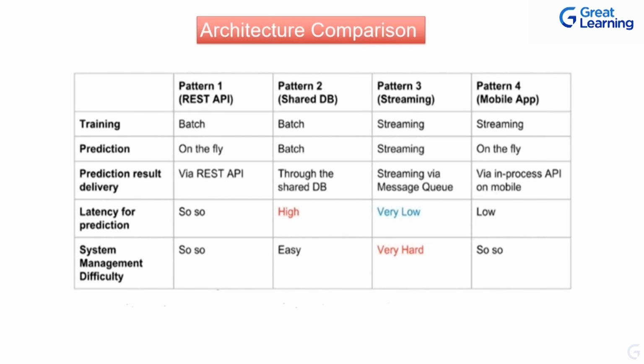Pattern 2 of model deployment is when the data set being used for training is a batch. Prediction also happens in a batch, which means it's not that I have collected the user inputs from the user interface and I'm able to get the output immediately. In this case, there is a database which is created, which means I keep entering the input.